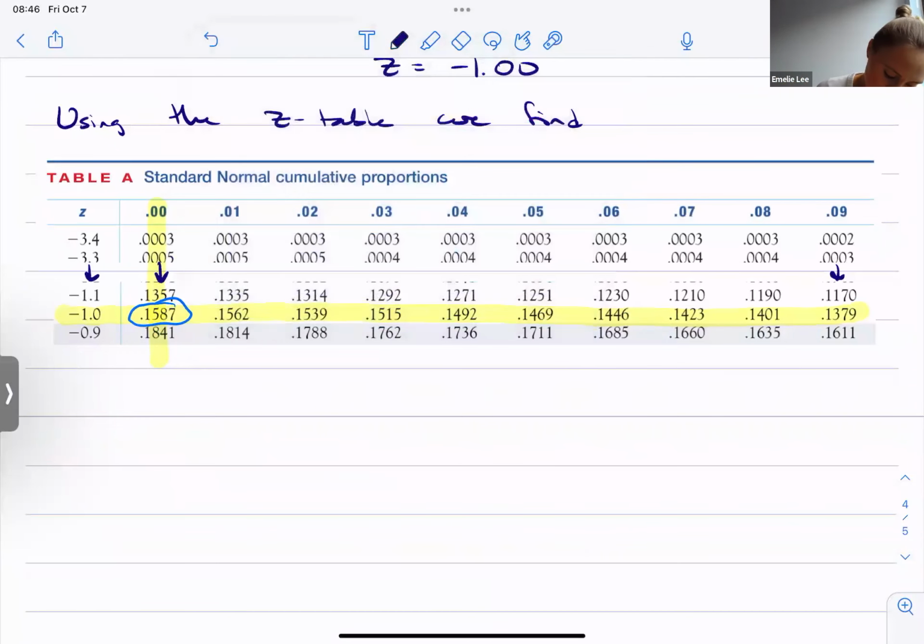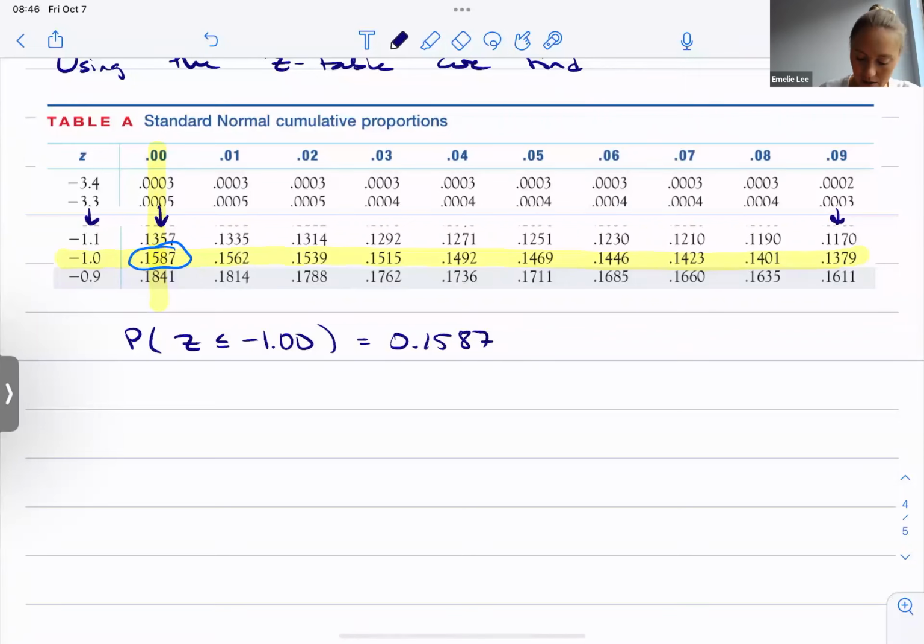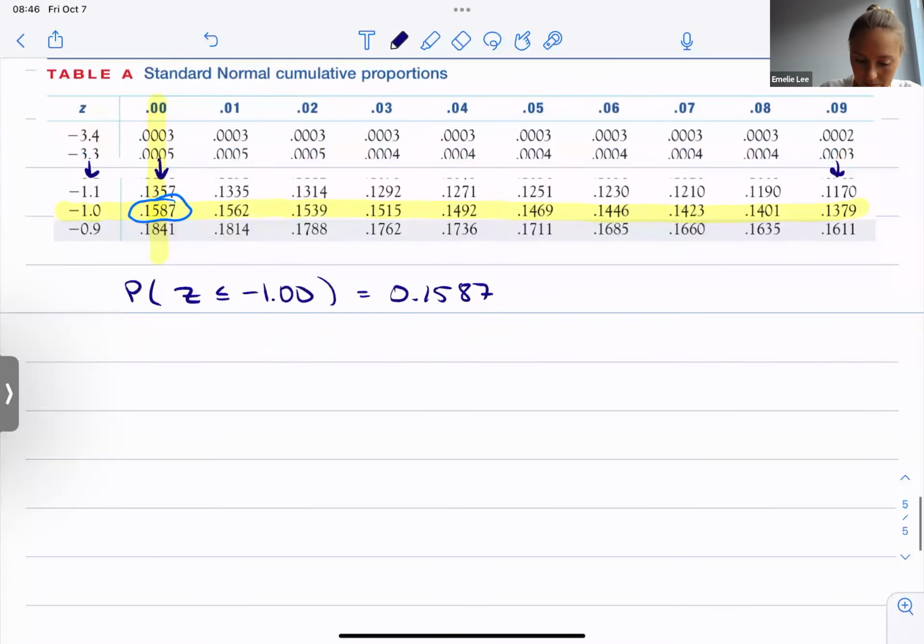So therefore, and maybe I'll use the probability notation, the probability that Z is less than or equal to negative 1.00 is 0.1587, right?